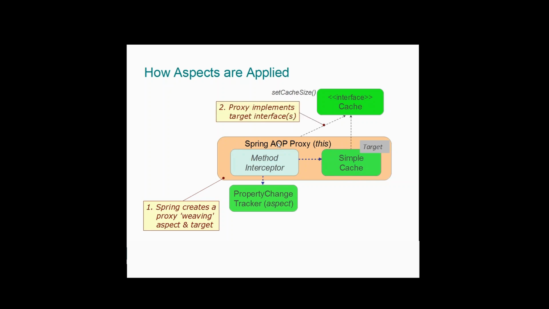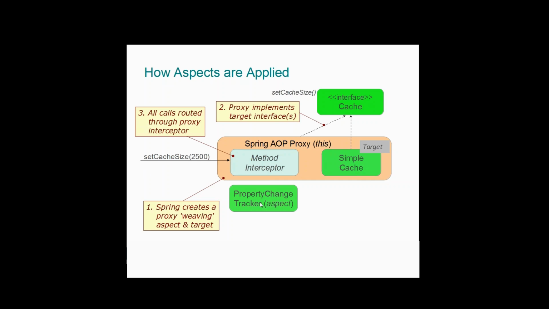Now let's say you got the reference, and you invoke setCacheSize to some value. A request will come to the Spring proxy object. The method interceptor has a reference to the property change tracker, and it will check that method against the pointcut expression, whether the method starts with set and matches your pointcut expression.